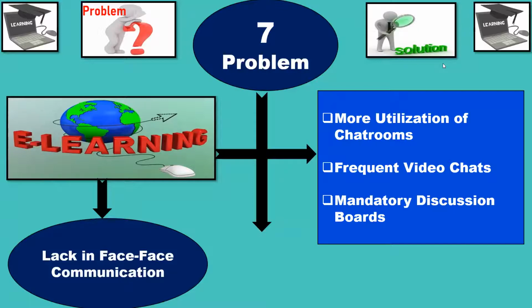Seventh problem: lack of face-to-face communication. Face-to-face communication among the students, and between teacher and instructor, both are lacking. Because of this lack, students sometimes abandon or bunk their classes. Simply, they can come online, mute themselves, and go for their own work.